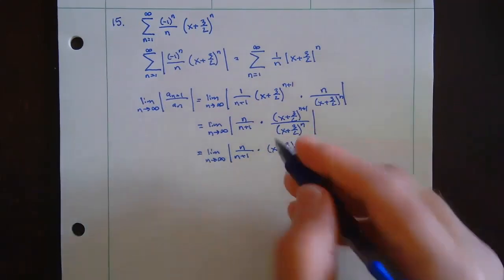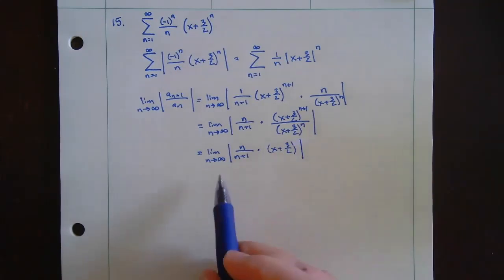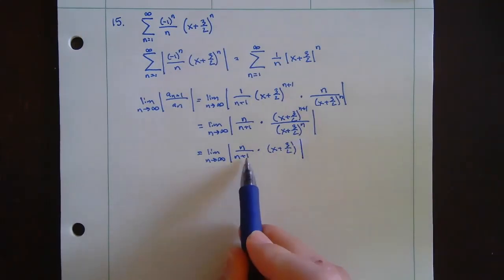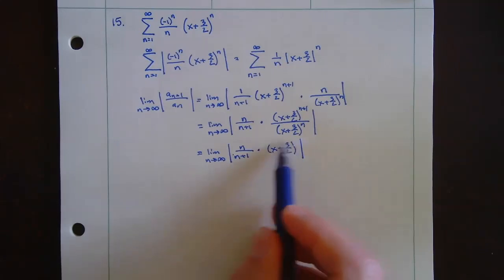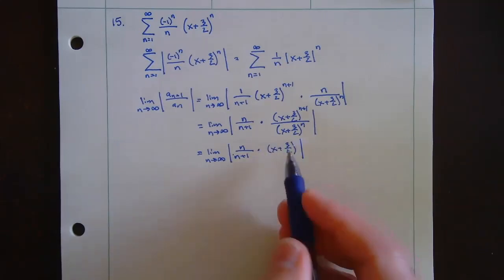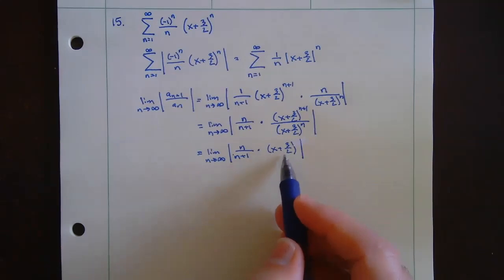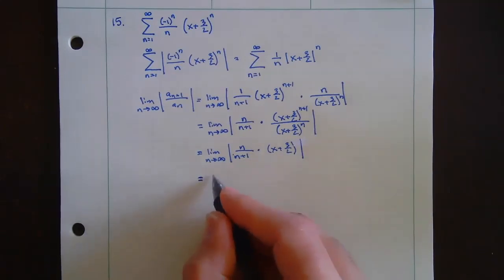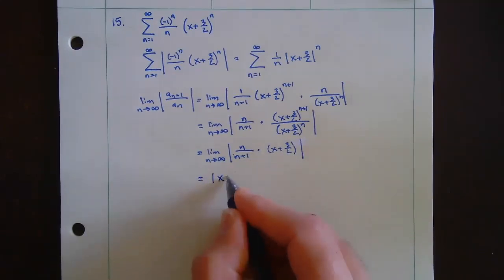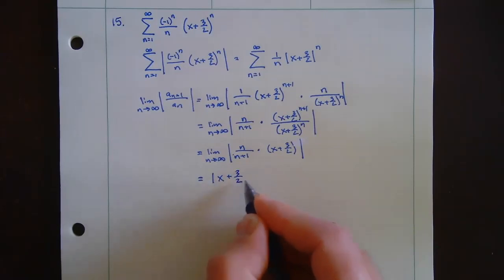Now if I take the limit as n goes to infinity, n over n plus 1 goes to 1, which is positive, and the other part doesn't have an n to plug into, so it's just the absolute value of (x plus 3)/2.